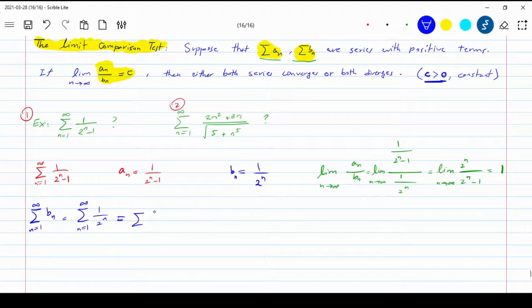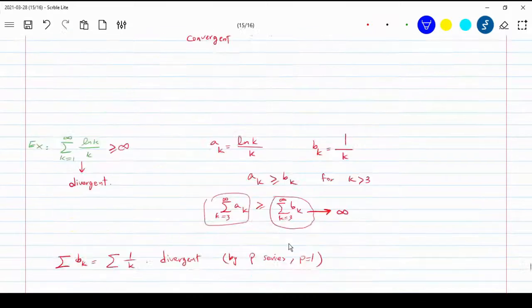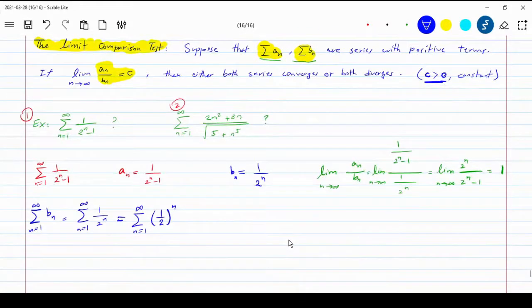If it's not written in the proper way, you can change it to 1/2 to the power n, n from 1 to infinity. That's the same thing. And if you remember geometric series, if you have a common ratio less than 1, in this case our common ratio is 1/2, then we're dealing with a convergent series.